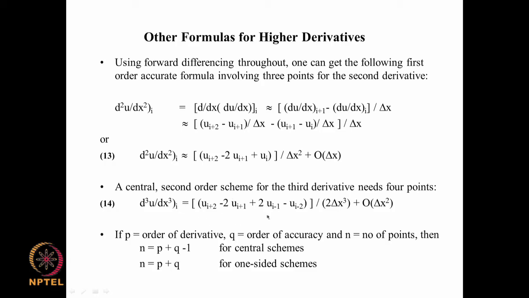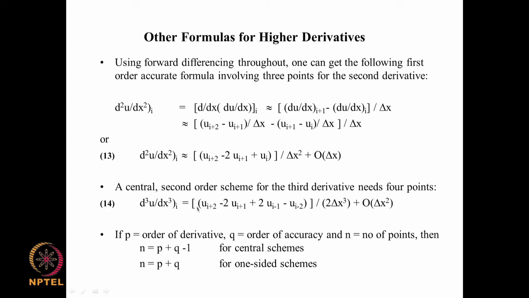So, in that way you can do that, and then you can come up with a formula like this. Or you can also put this as a u_{i+2} plus b u_{i+1} and so on, and then we can try to evaluate the coefficients a, b, c, d by comparison, just like we have done in the previous lecture, and then come up with the coefficients here.